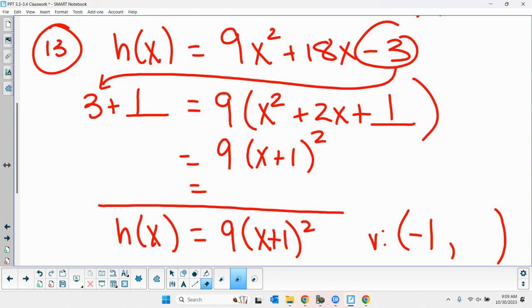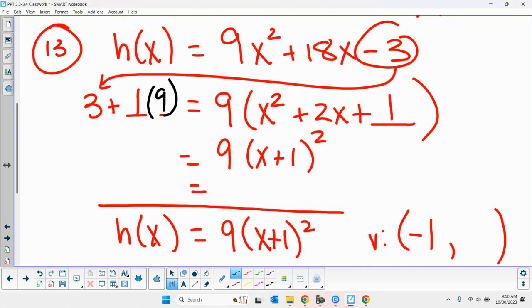Since I factored this 9 out as a GCF, a greatest common factor, just the number, we're not worried about the variable right now. Basically, I'm adding 9 over here because it's 9 times 1. So I have to remember, which I forgot, sorry about that, to multiply that blank by 9 as well.